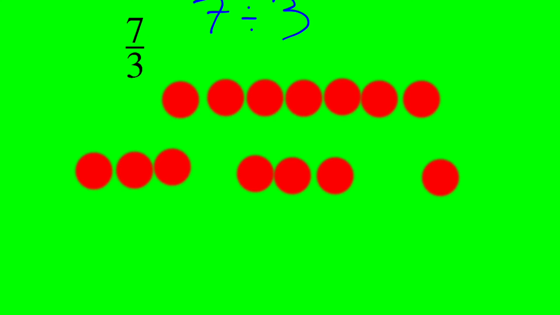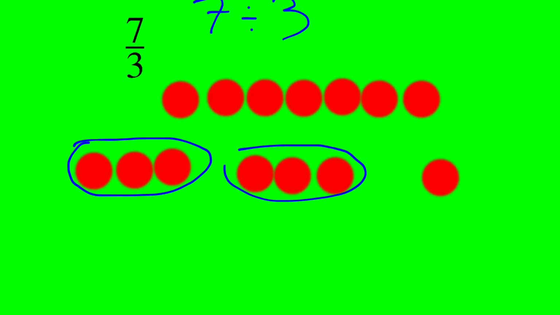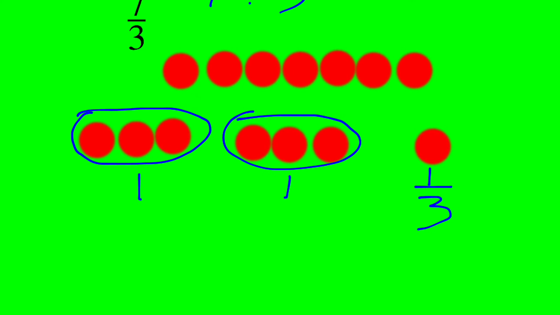So this would represent one whole group, this would represent one whole group, and this is what's left over. So 1, 1, and then we have one left over out of what should have been a group of 3. So that means the mixed number there would be 2 wholes and 1/3. That's what we were doing yesterday. We were representing those improper fractions as divisions and then modeling that out, what that division looks like.